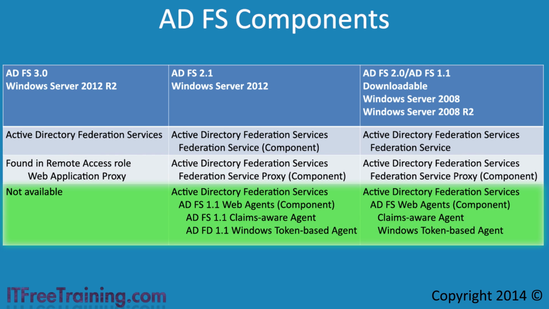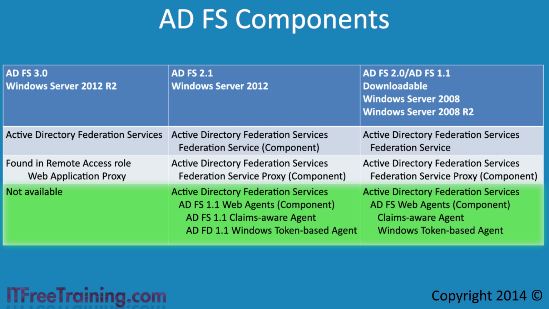The last component that I will look at is the web agents. In version 3.0 of ADFS, these web agents have been removed and are no longer available. In version 2.1 and previous versions, they are available as components of the Active Directory Federation Services role. In a moment, I will have a closer look at the web agents, but essentially there is no real difference between the different versions of ADFS other than a small name change.